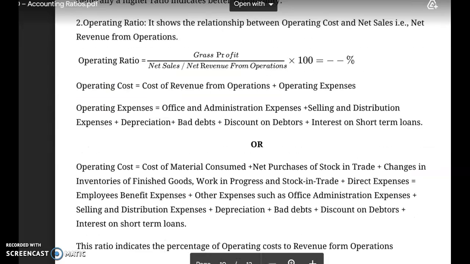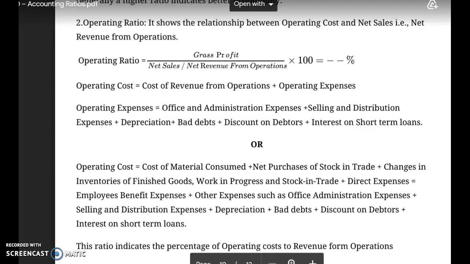As I shared with you, it shows the relationship between the operating cost and the net sales or net revenue from operations. I hope now you understood the term net sales or net revenue from operations. Now operating ratio here means the relationship between operating cost and the net sales or the net revenue from operations.